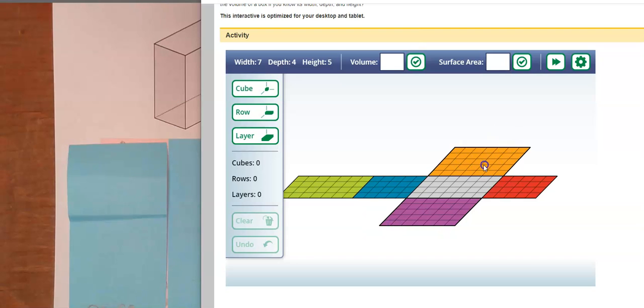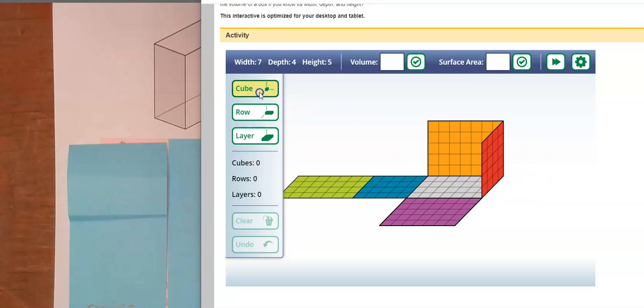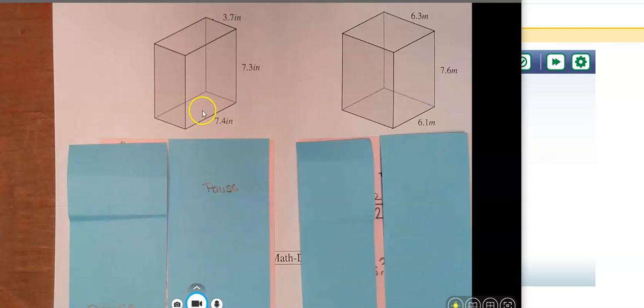Okay, there we go. So even though it doesn't show you where the cubes would go, it took away those inside lines, it is telling you the measurements. So in order to find a volume, you will measure, this is the length, this is the width, and this is the height. And so you would take these 3 measurements and multiply them, and this we are going to use to practice decimal multiplication.